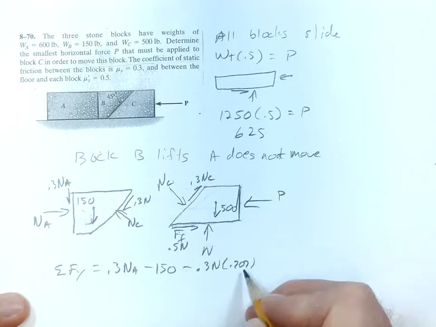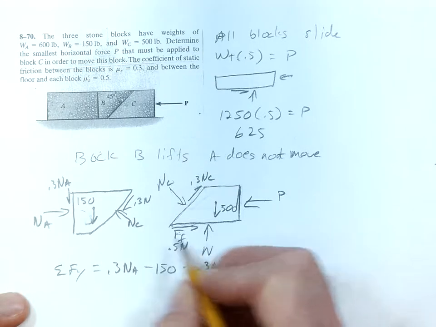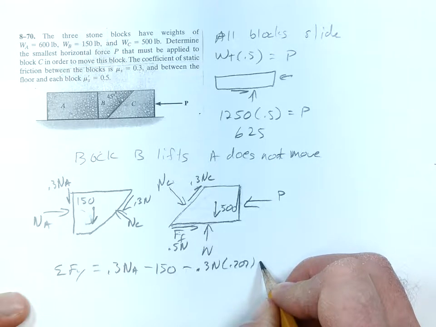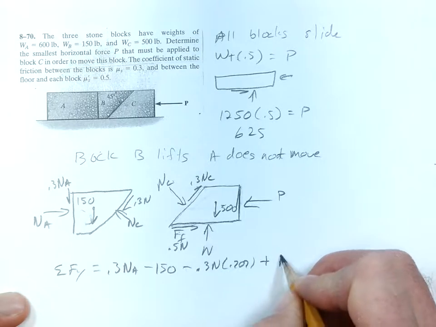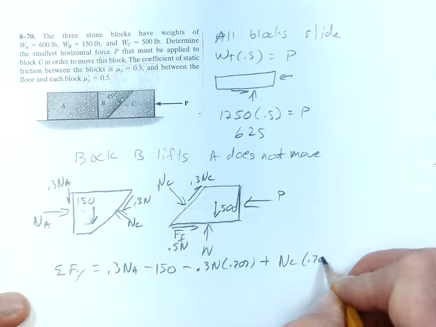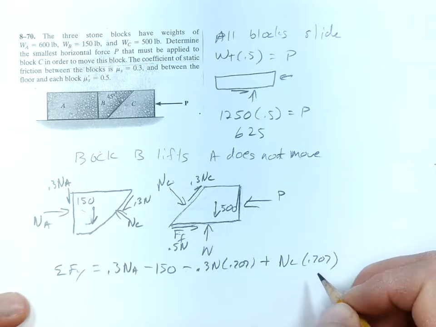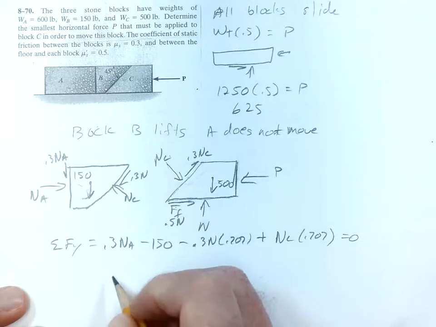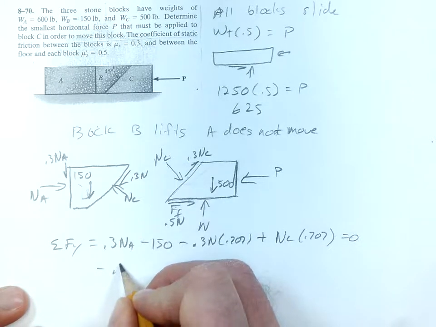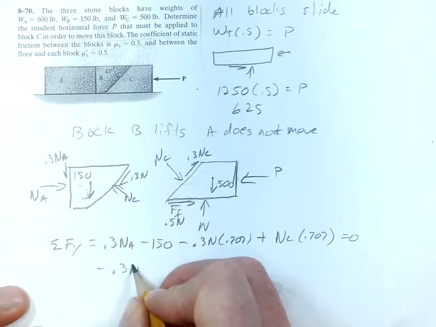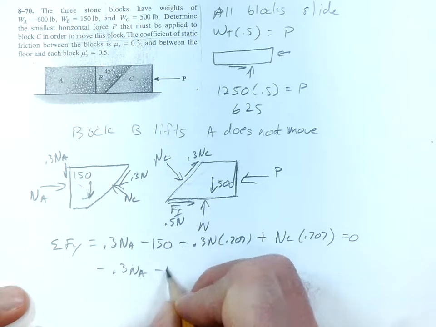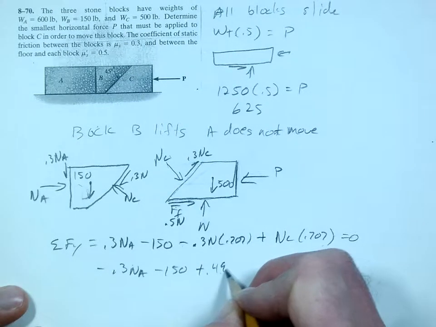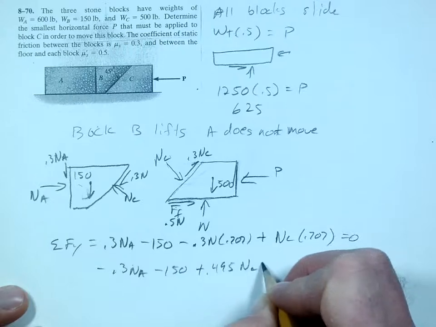The sine and cosine of 45. And then NC is going up there, so plus NC times 0.707. So that equals 0. Cleaning that up a little bit, we get negative 0.3 NA minus 150 plus 0.495 NC equals 0.